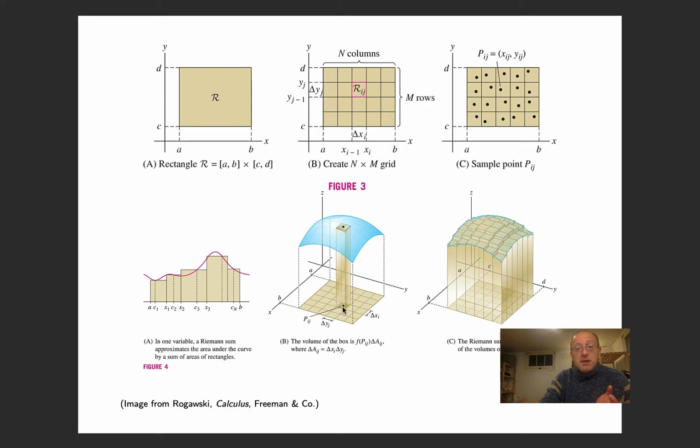Next we look at the function value over that sample point. And you imagine a pillar of that height that starts at the xy plane and goes up to the graph of the function. If the graph of the function is tilted or curved, then you specifically pick that sample point as the height. Now we have a pillar whose volume is a big box, right? The volume is the length times the width times the height. So delta x times delta y times the height, which is f of point P.